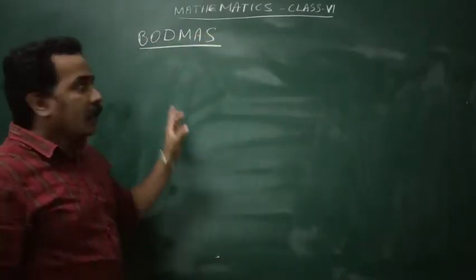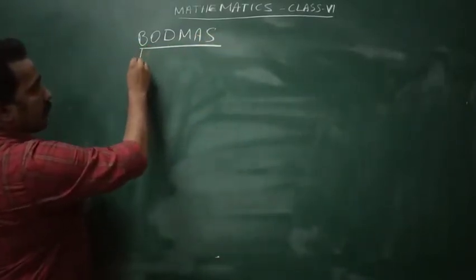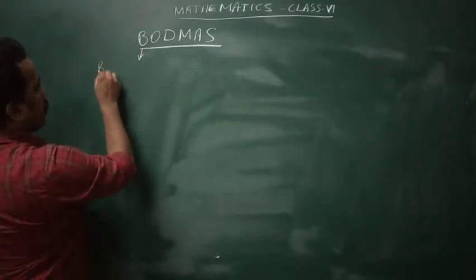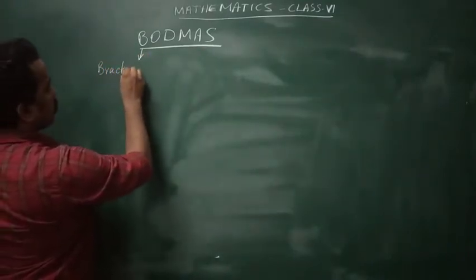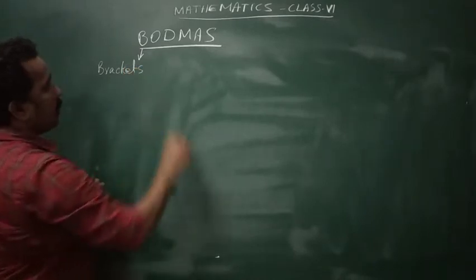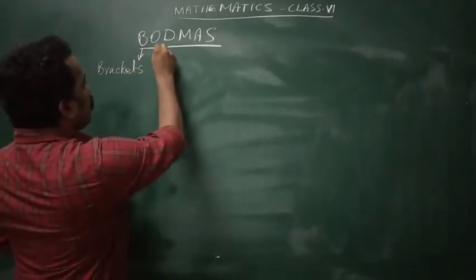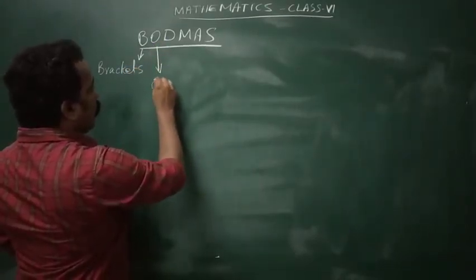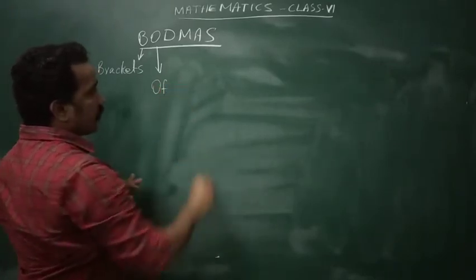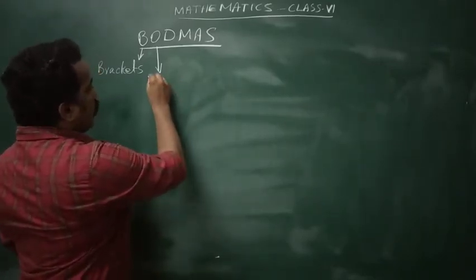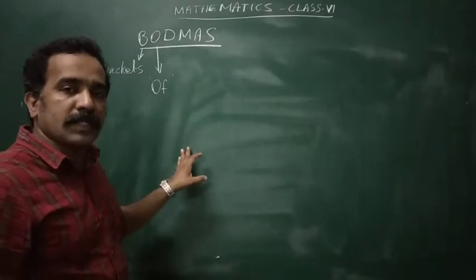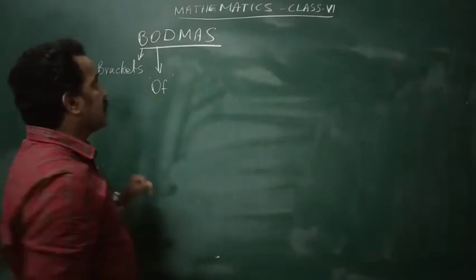BODMAS rule. In this, B is for brackets, O is for of operation. You know what of operation is? Of operation actually means multiplication.